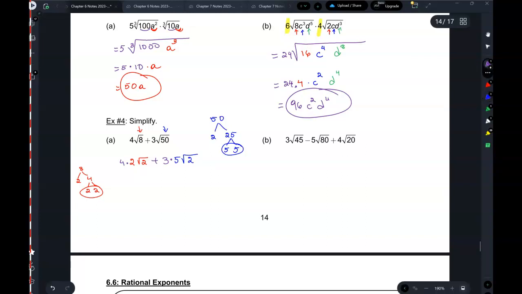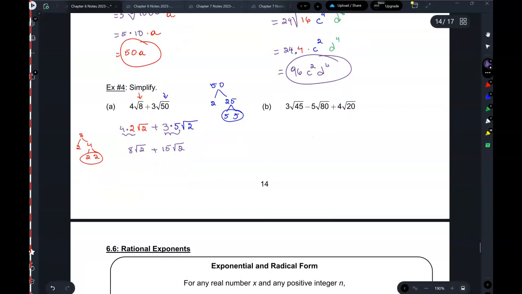Now, I've simplified my radicals. Now I'm going to do the arithmetic. So, 4 times 2, this is 8 root 2 plus 15 root 2. Okay, now you have to see if you've got like terms. Do we have like terms?